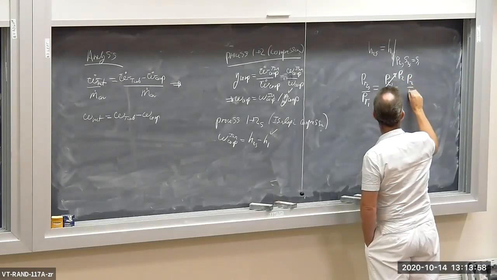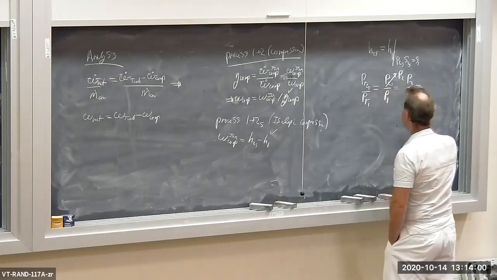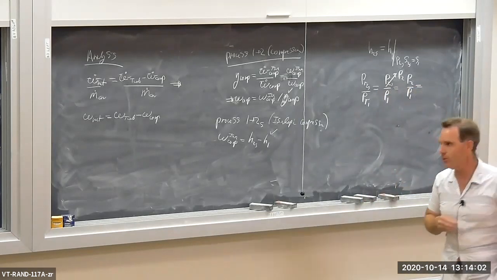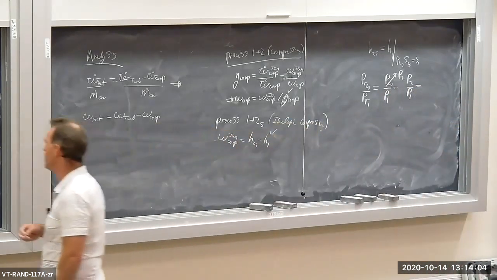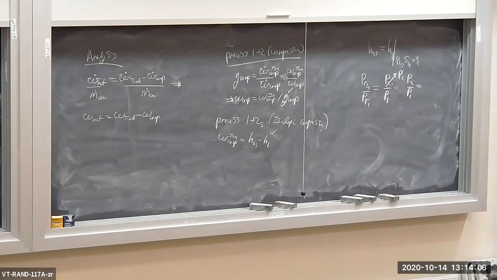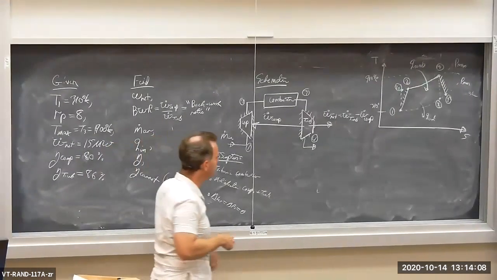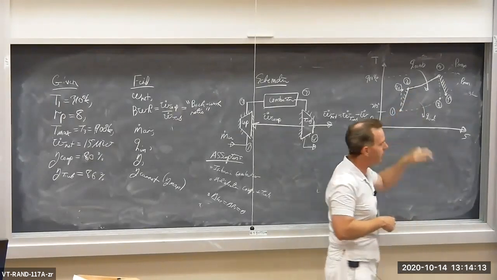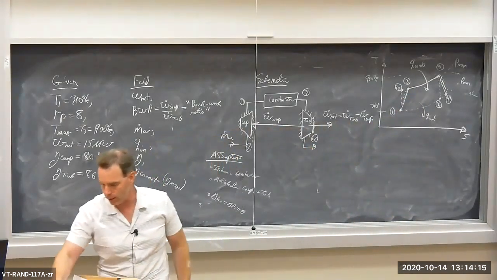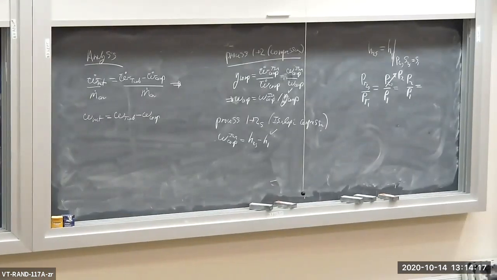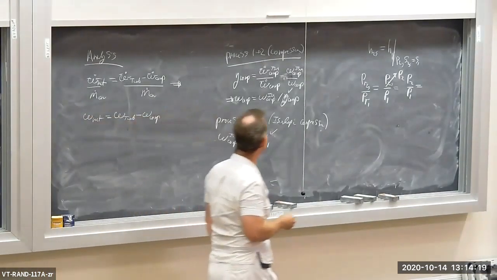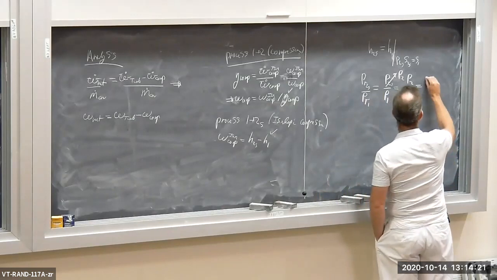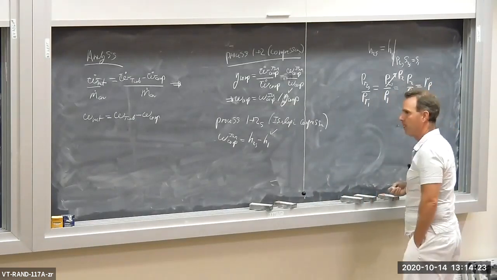So this is P2 over P1. Now, P2 over P1 is R sub P, or our pressure ratio across the compressor.